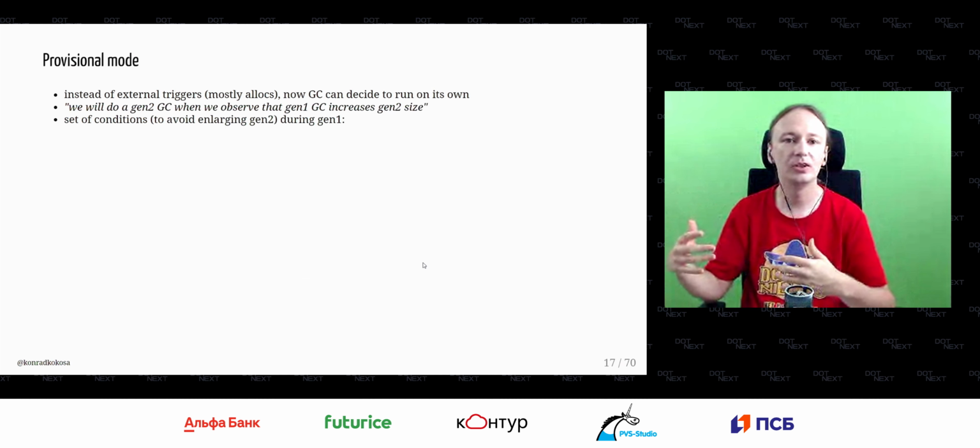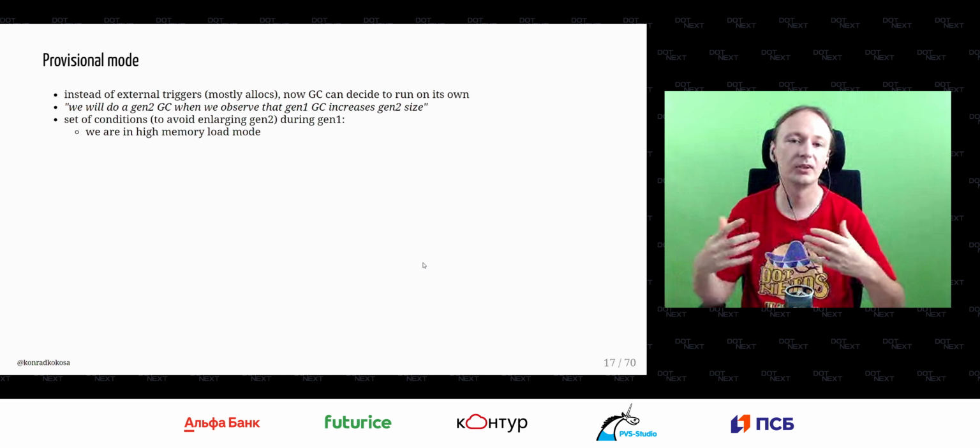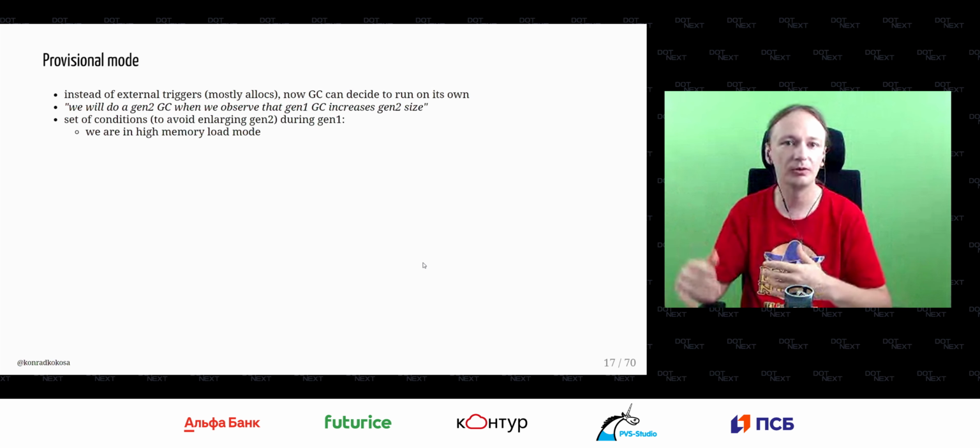There is a set of conditions that enable this mode. One of them is that we have to be in high memory mode, so the system is in general running out of memory.